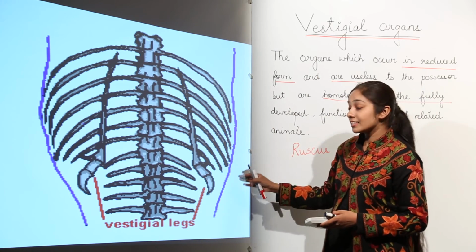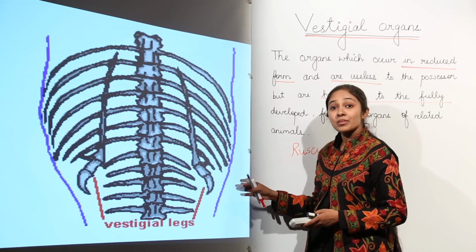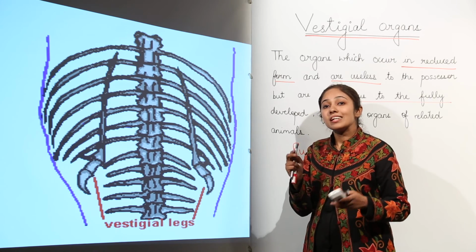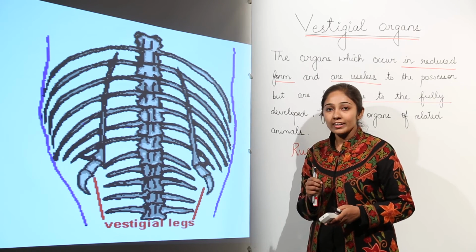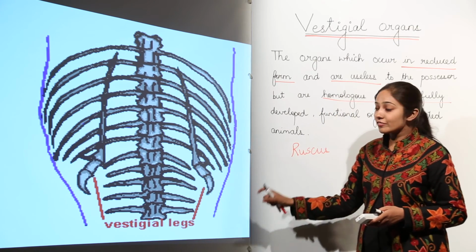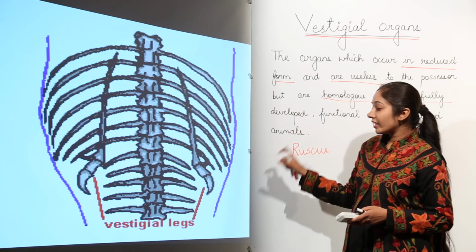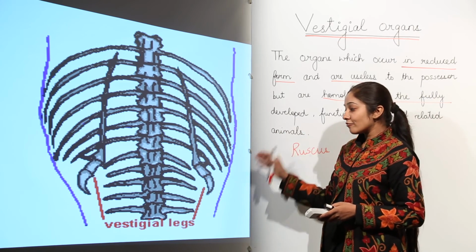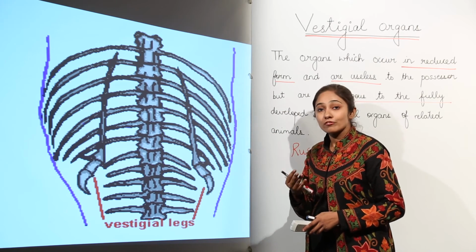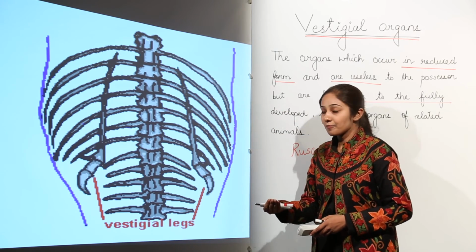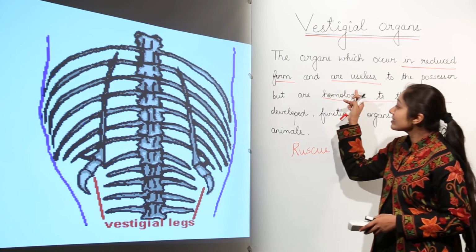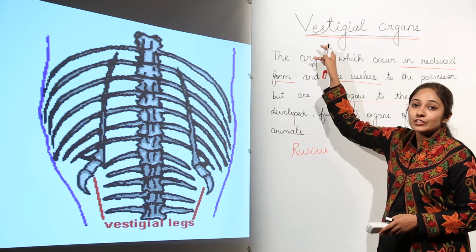The vestigial legs in the python convey that these snakes have evolved from some lizard-like reptiles. This is the inference that has been made from these vestigial legs of the python. They are there because these snakes have originated from lizard-like ancestors. But now, since they are not required, they are useless, they have become vestigial.